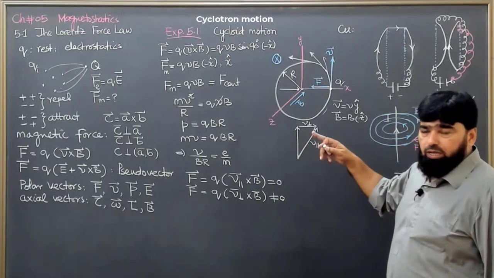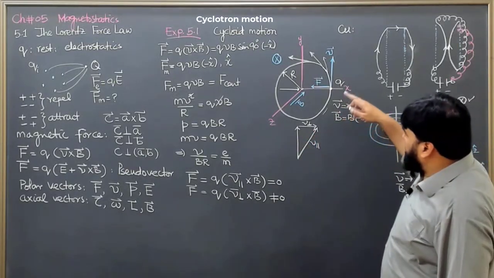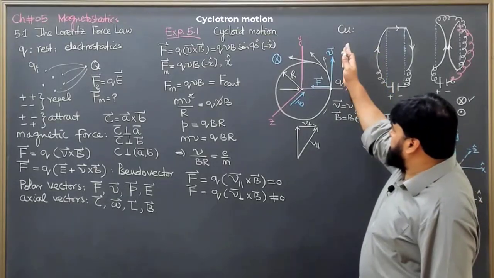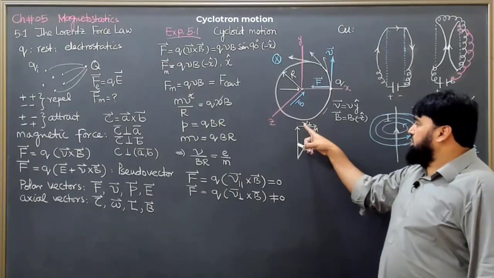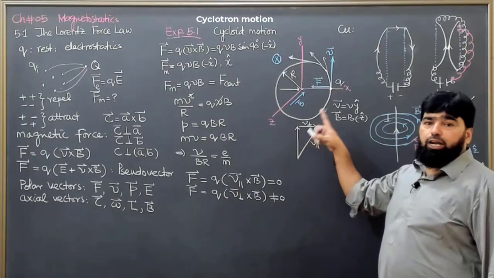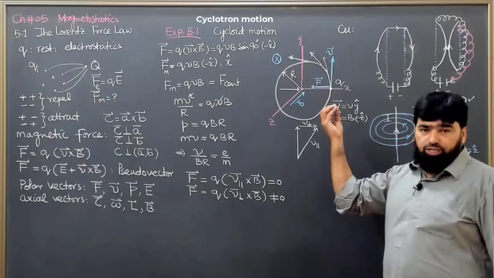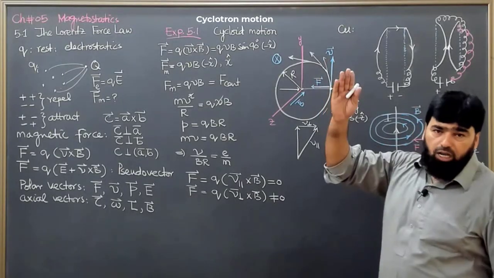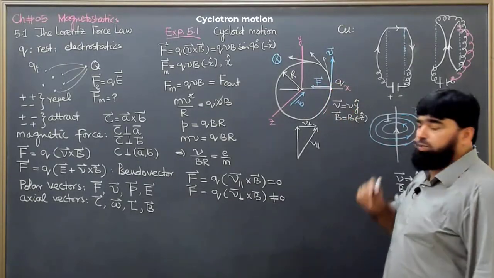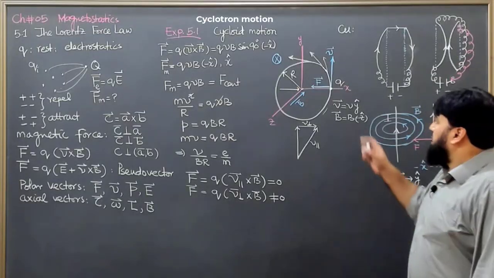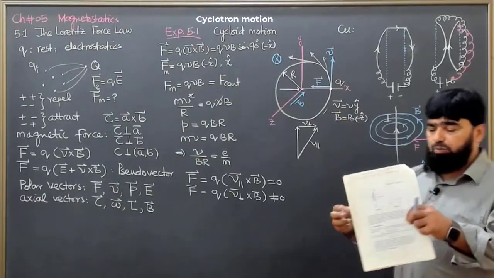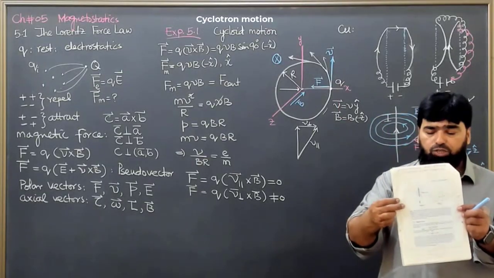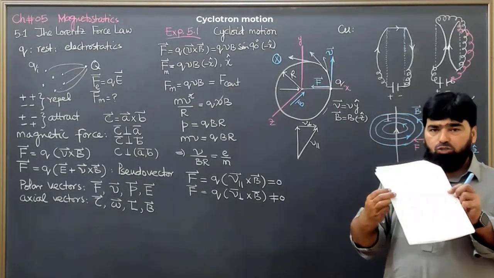When you consider the tilt into the board, this component will be V parallel and it will be along the magnetic field. And if you consider the out component, it will be like this one. So when it is into the board, for example, this is the plane and the V is tilted like this.